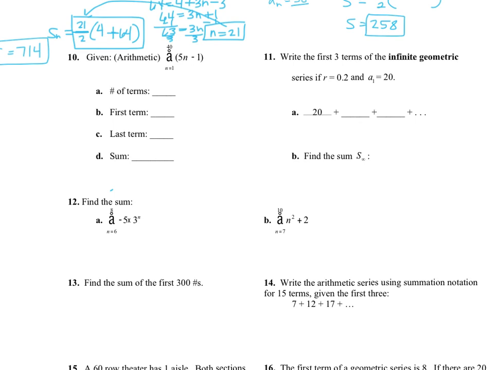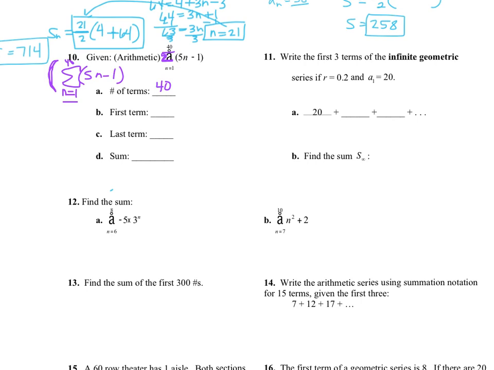Okay, so what this should be is your sigma, not an A. So it should look like 40 on top and equals 1 on bottom, and then 5n minus 1. Sorry about that. Okay, so number of terms. If we're starting at 1 and we're going to 40, that is 40 terms. Keep in mind, if you just subtract these, that gives you 40 minus 1 is 39, but you have to always add 1 to that.